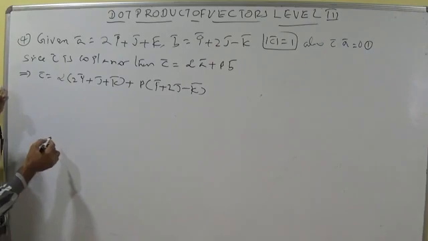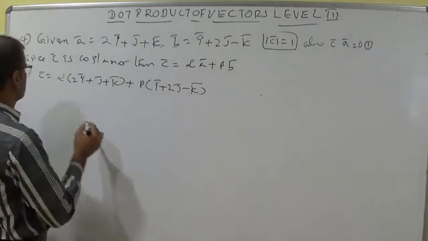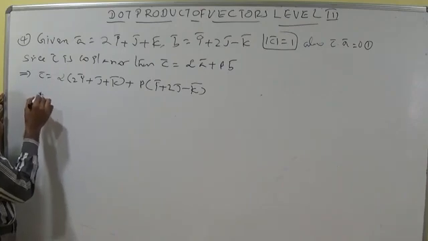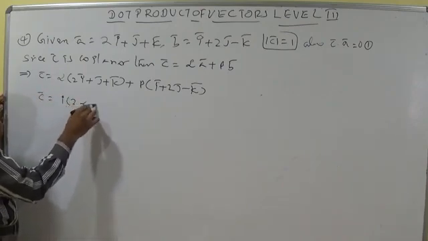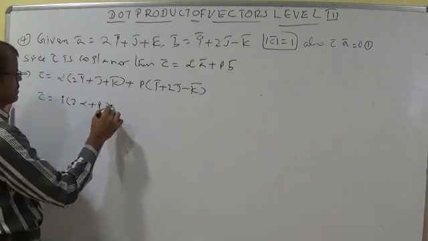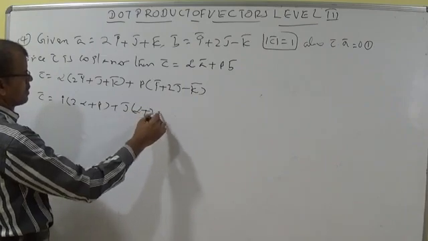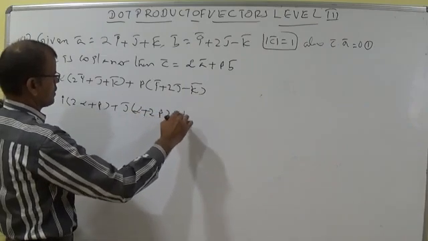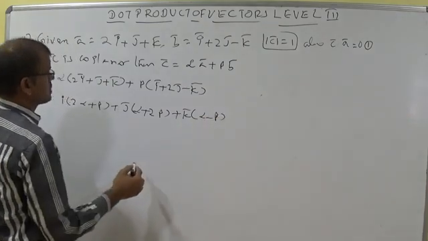Using the formula, C dot A is equal to 0, let it be the first equation. Taking i bar common, we get 2 alpha plus beta; j bar common, alpha plus 2 beta; k bar common, alpha minus beta.